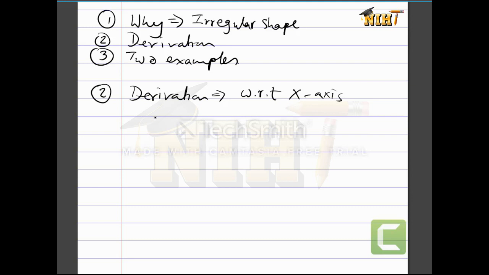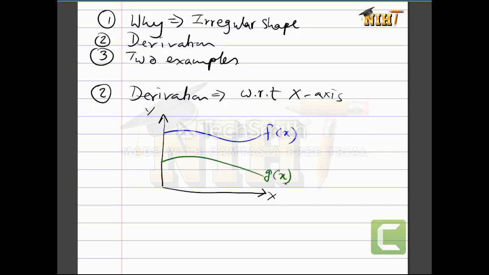Let us consider this diagram where this is the x-axis, this is the y-axis, and we have two graphs, f of x and g of x. F of x is the graph on the top, g of x is the graph in the bottom.